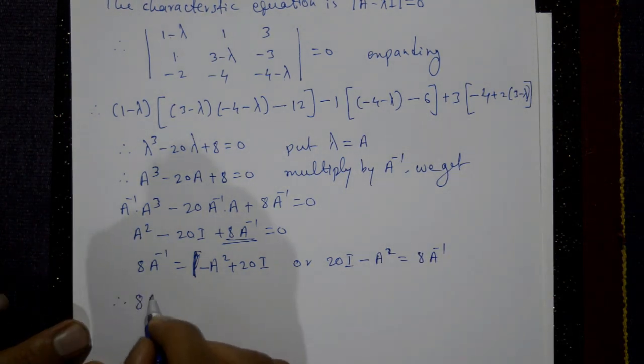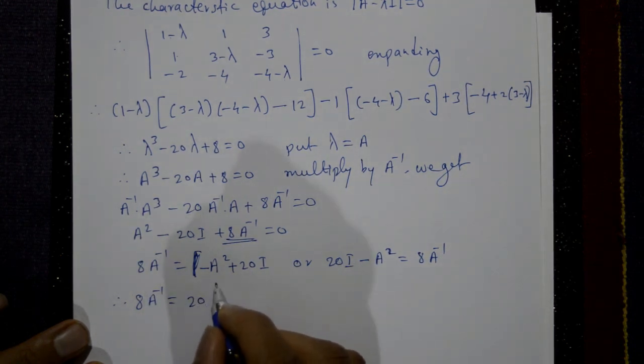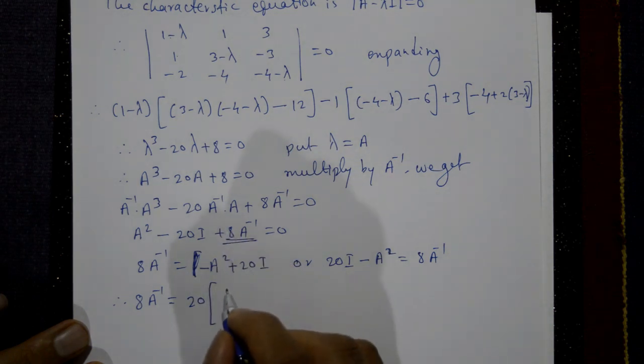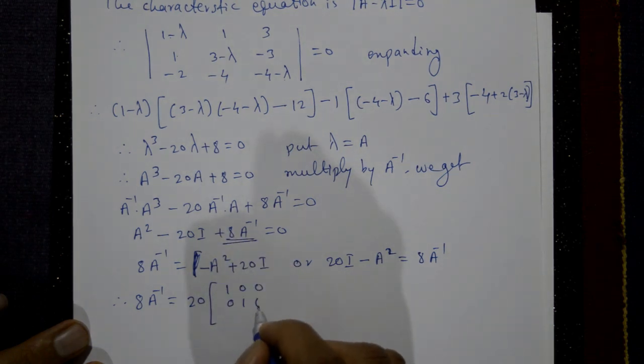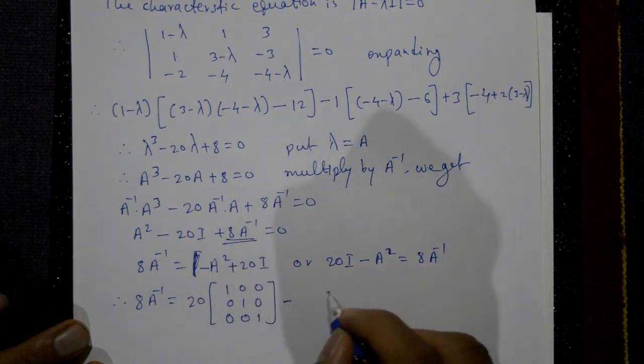Now therefore 8A inverse is equal to 20I, where I is a unit matrix of order 3 cross 3: 1 0 0, 0 1 0, 0 0 1, minus A squared.